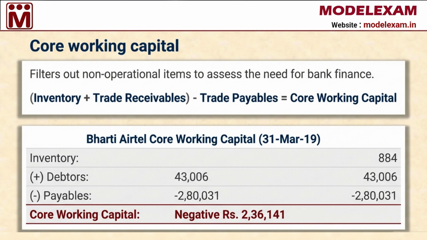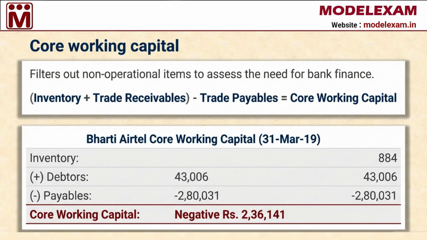realizing cash. To get a clearer picture of operational health, analysts calculate core working capital. This filters out non-operational items like short-term investments or unrelated debts to assess the real need for bank finance. The formula is inventory plus trade receivables minus trade payables. Let us look at the numbers for Airtel.